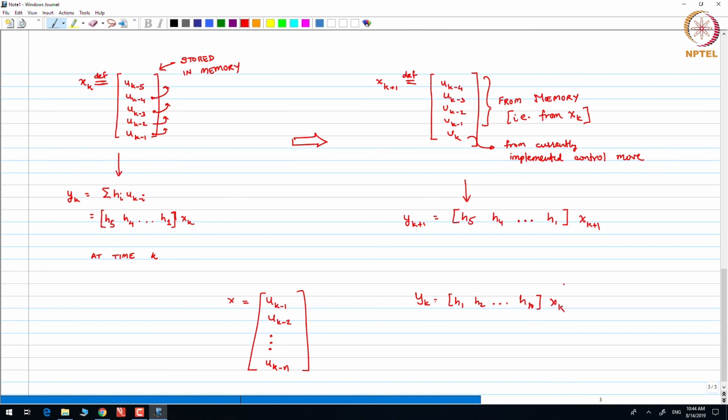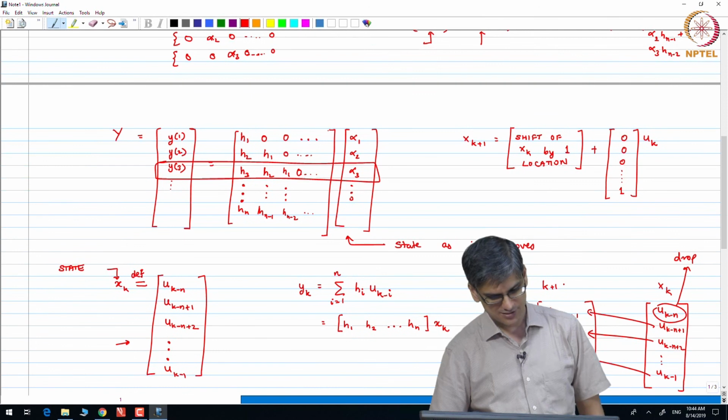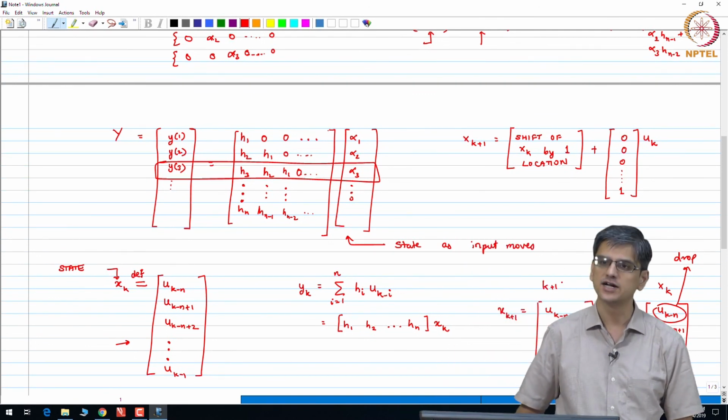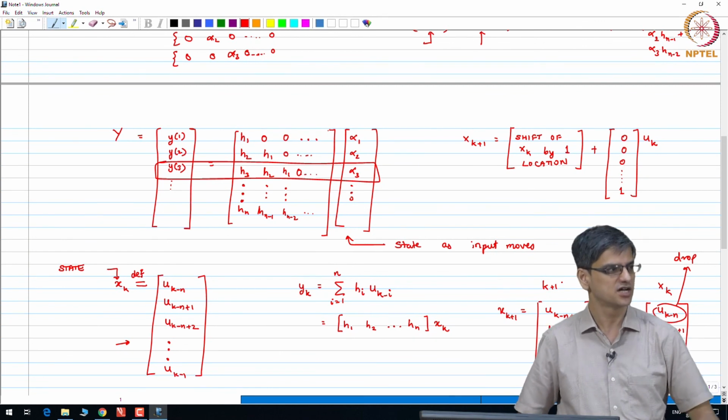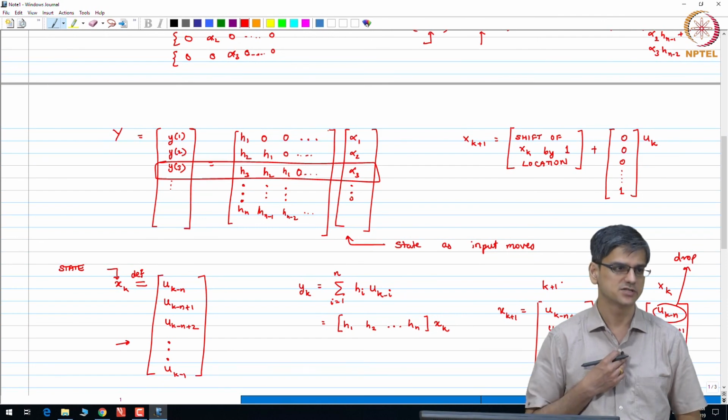Okay. So, again, it really does not matter in which way you define. I ended up defining in this way because of the pictorial representation. If you look at the standard textbooks, it is defined in the other way, uk minus 1, uk minus 2 and so on. Okay. But either way is actually fine.